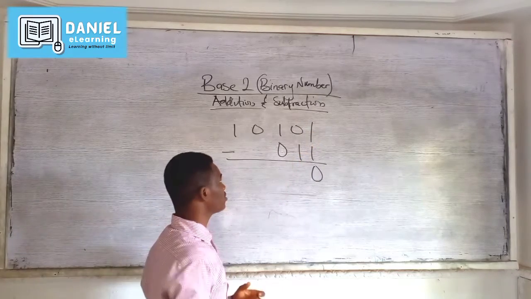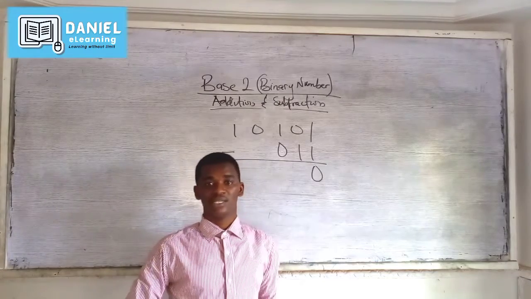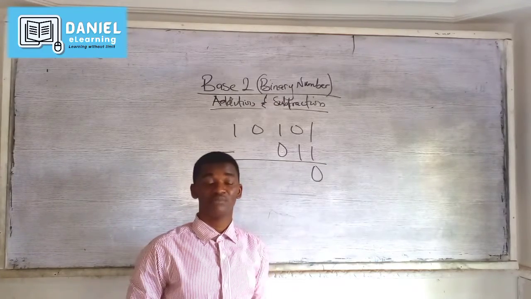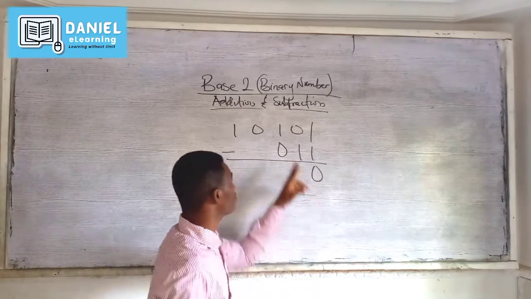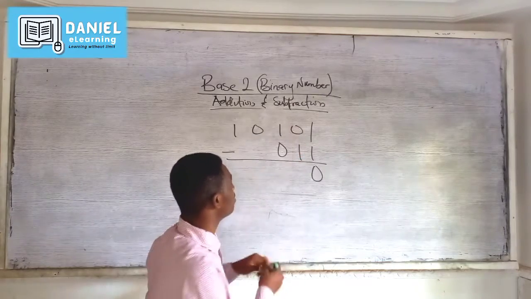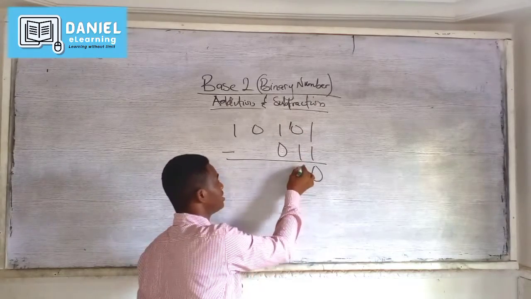Now I want to explain something very important here. In early days in mathematics, in our primary schools, we were taught that when you borrow 1 from here and put it here, it gives you 10. Then 10 minus 1 is 9.